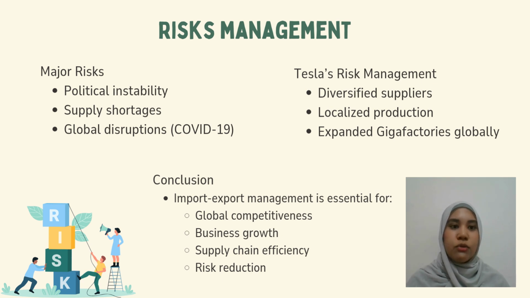And also supply shortage and global disruption such as COVID, because during COVID all the business needed to be on hold, it stopped for a while in order to manage the global pandemic. For Tesla risk management, they mitigate the risk by having diverse suppliers and localized production, and also expanding their own gigafactories globally.